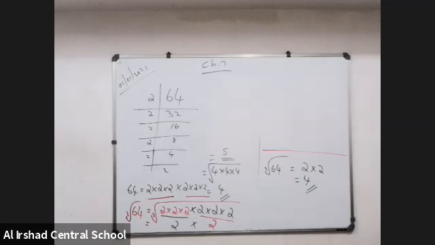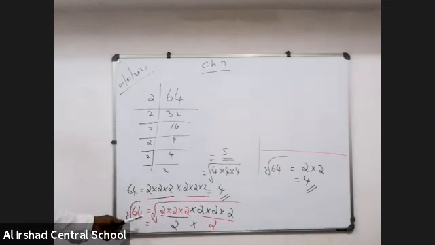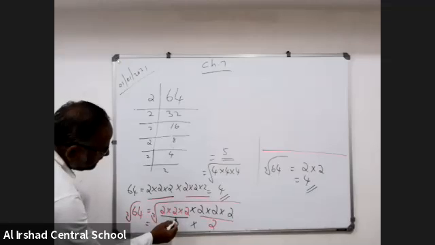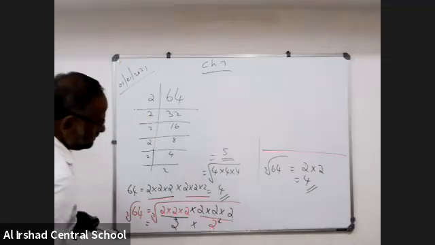Cube root of 64 is equal to 2 into 2. First factorization, then take the cube root of that, full cube root inside the cube root. Then after that you are getting from here 1, 2, from here also another 2.